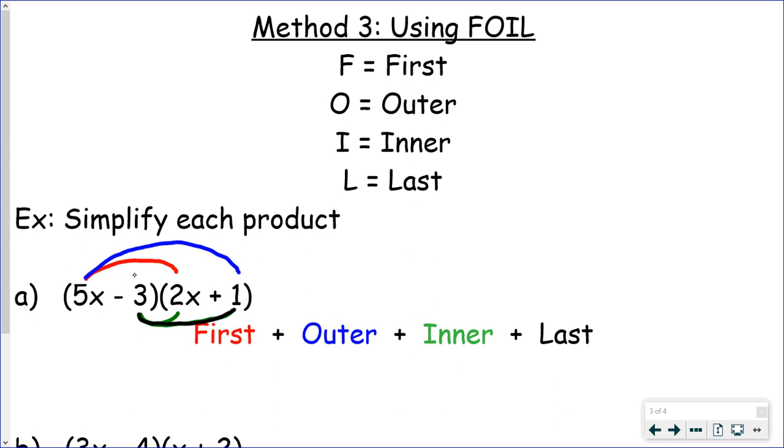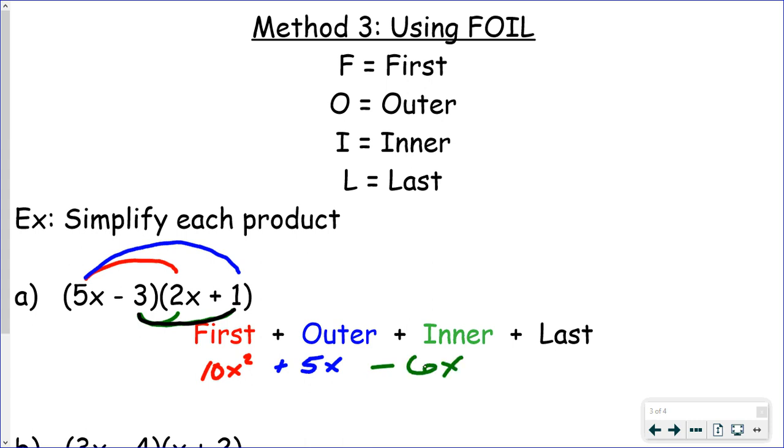So the first term's 5x times 2x. That would be 10x squared. The outer terms, 5x and 1, that would be positive 5x. The inner terms, the ones in the middle, negative 3 times 2x would be negative 6x.